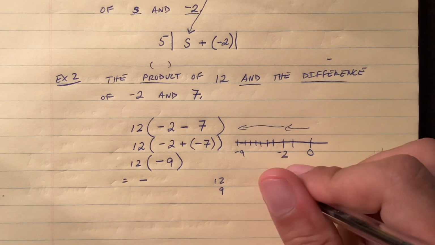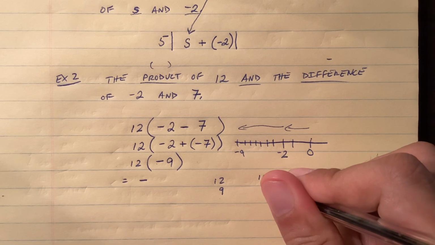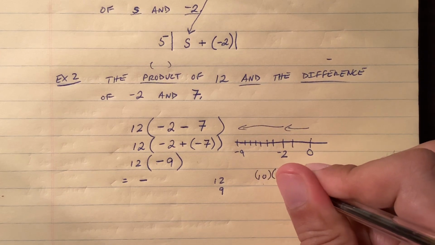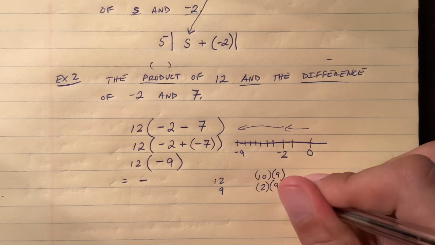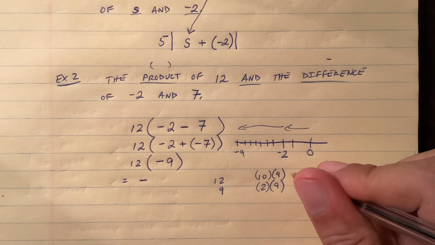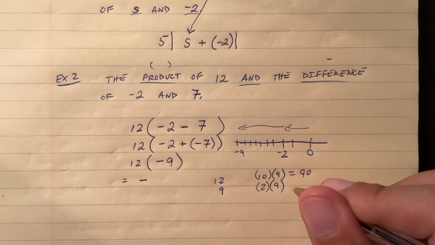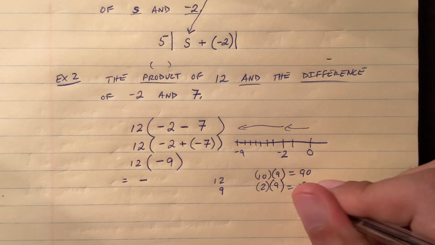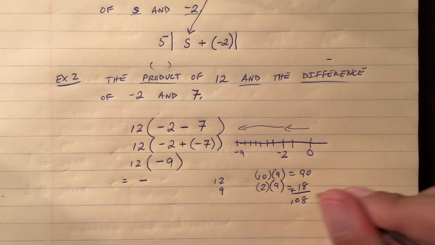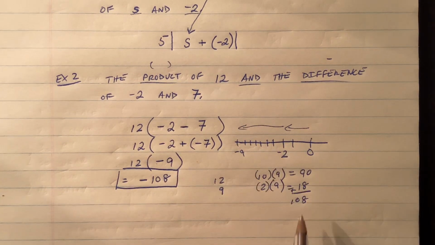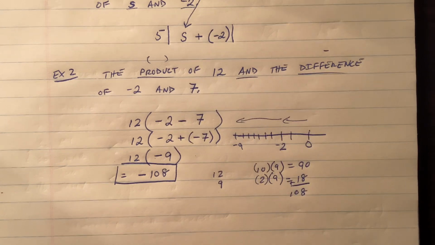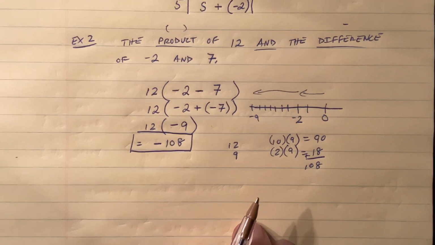Rather than multiplying this, I'm going to multiply 10 times 9 and then 2 times 9. So 10 times 9 is 90, 2 times 9 is 18, and then I add these up and I get 108. This is a form of the distributive property, and we'll be talking about this in a different video. All right, let's do one more.